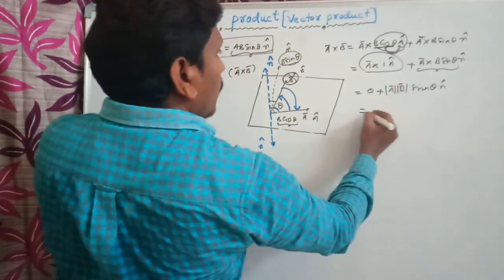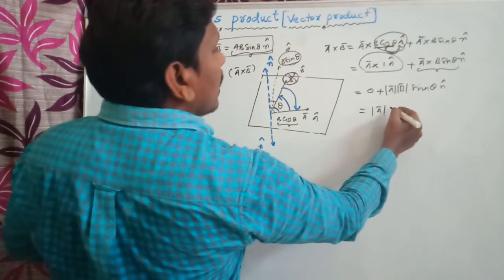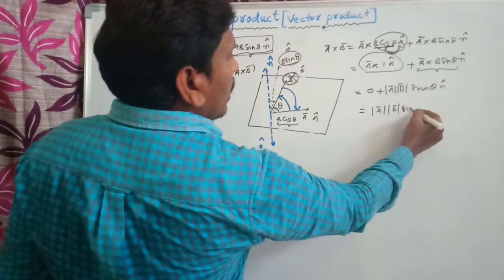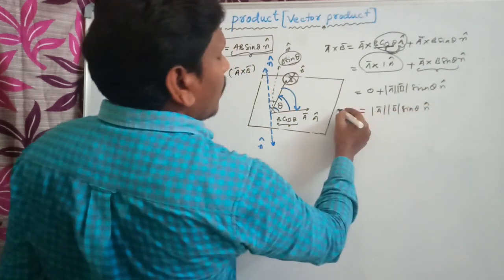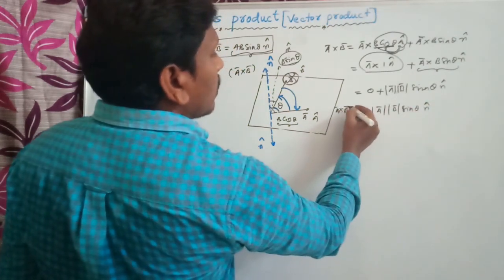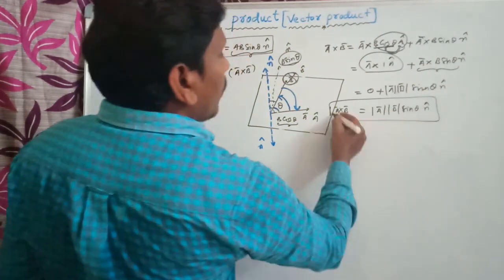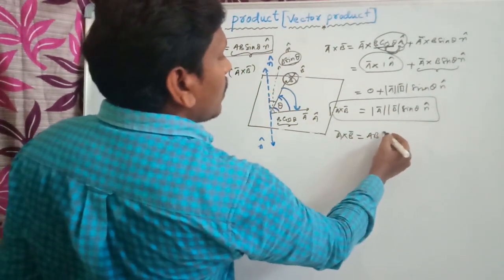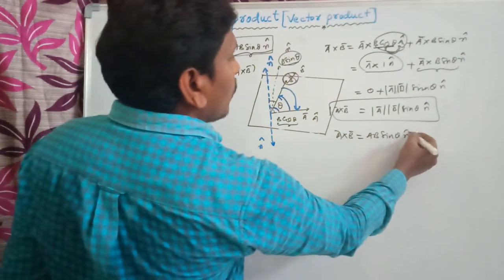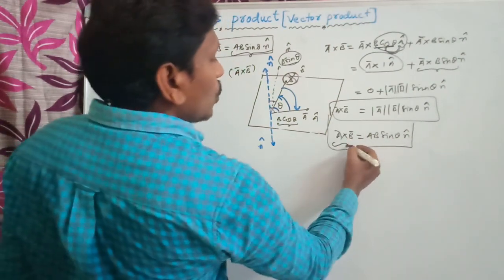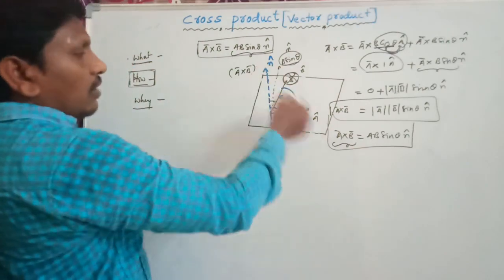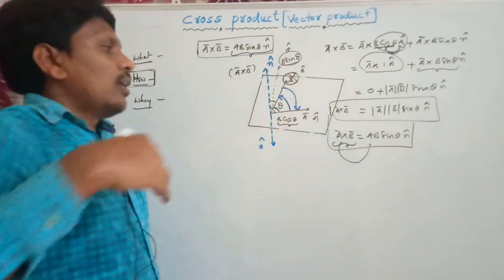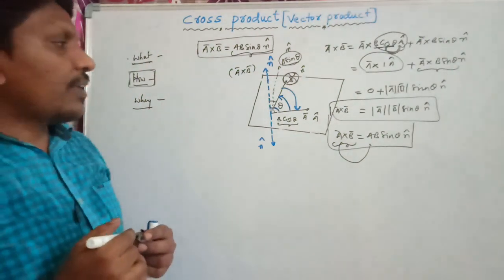Mod A bar into mod B bar sin theta into n cap, that is A bar cross B bar, where we simply get AB sin theta into n cap. So this is the resultant direction, which is normal to both A bar and B bar.